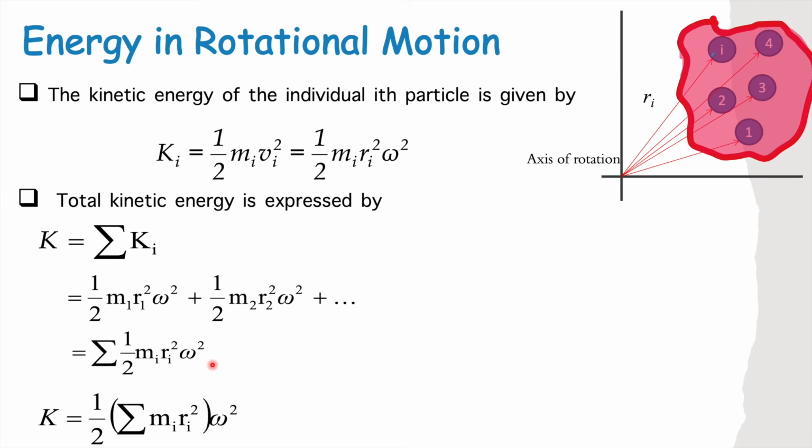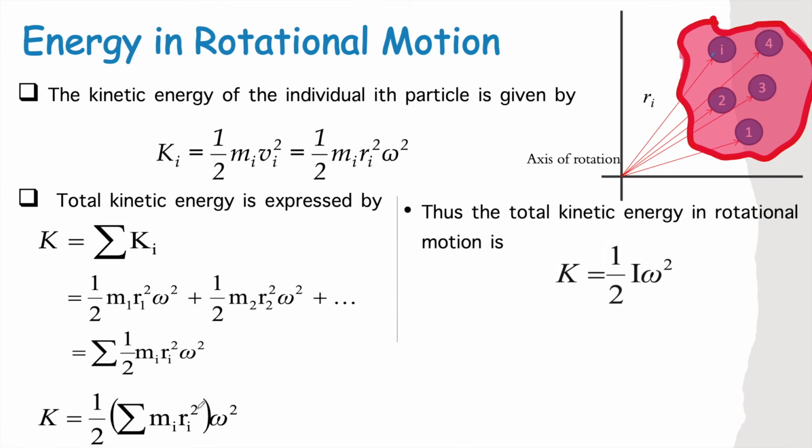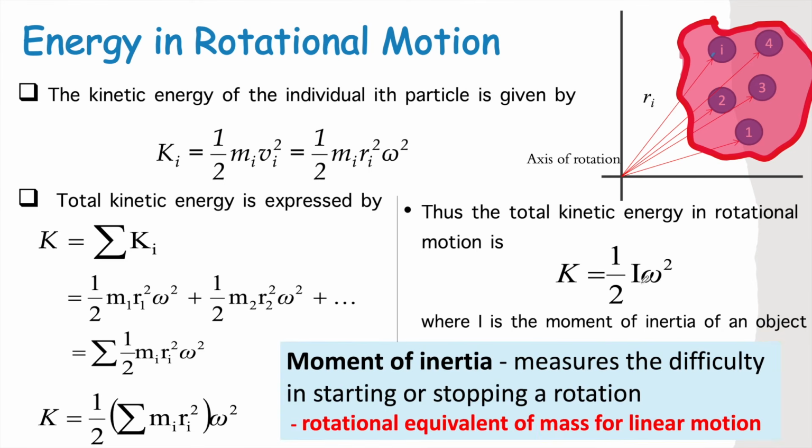So this sum of m i r i squared is simply your moment of inertia. So the rotational kinetic energy is simply equal to 1/2 I omega squared, where I is simply your moment of inertia. This I here measures the difficulty in starting or stopping the rotation.